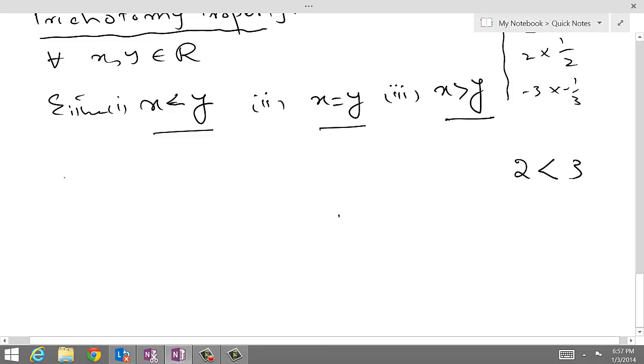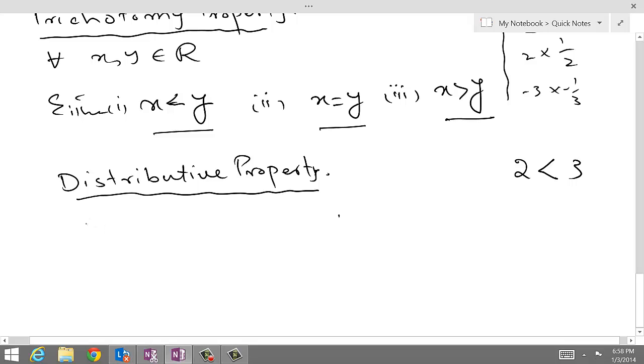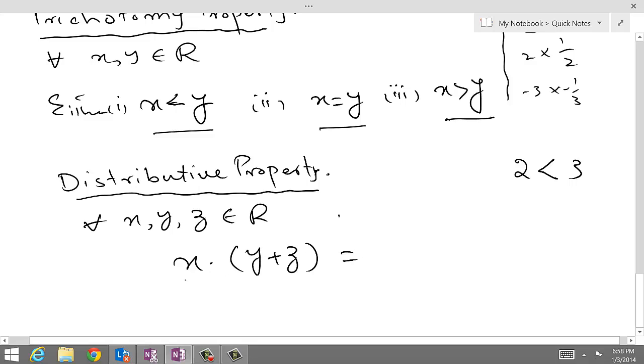And now there are distributive properties. Multiplication is distributive over addition. For all x, y, z belonging to R, x times (y plus z) is equal to, we can multiply x with y and x with z.